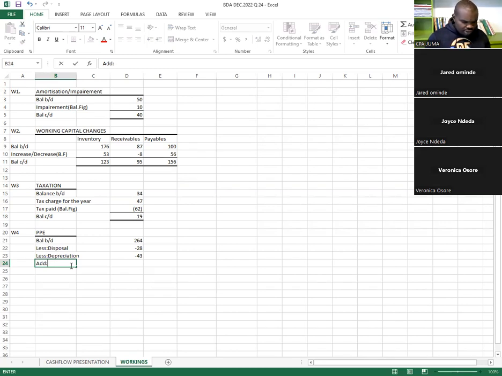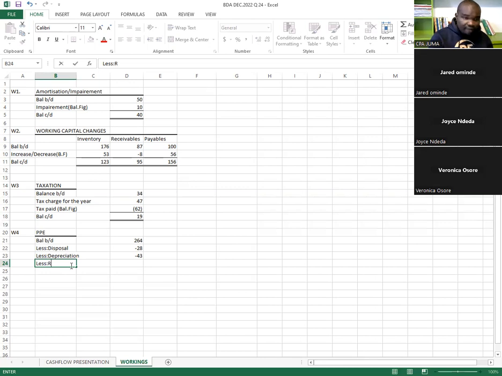When you check under equity, you will see revaluation reserve. Revaluation was 67, then it went down to 36.